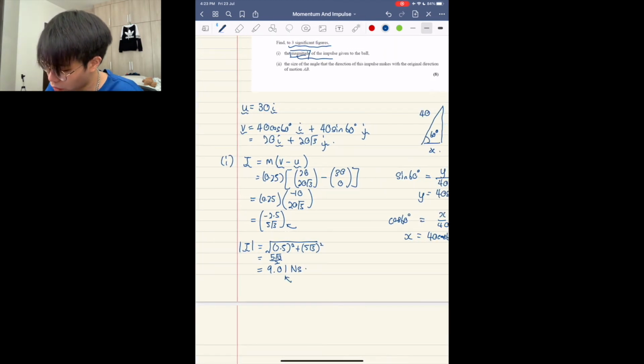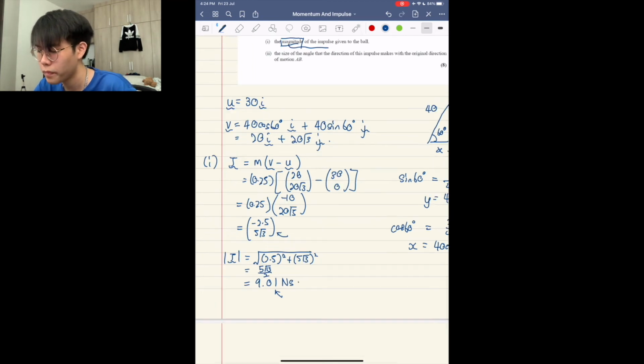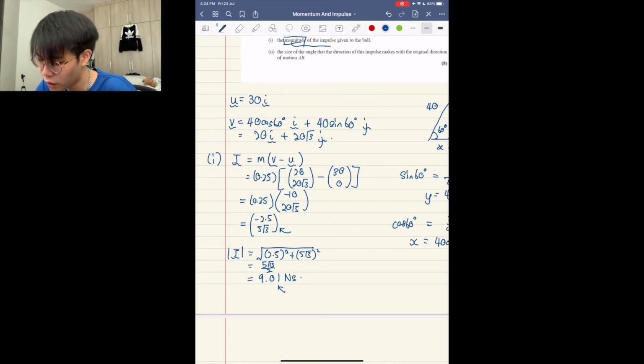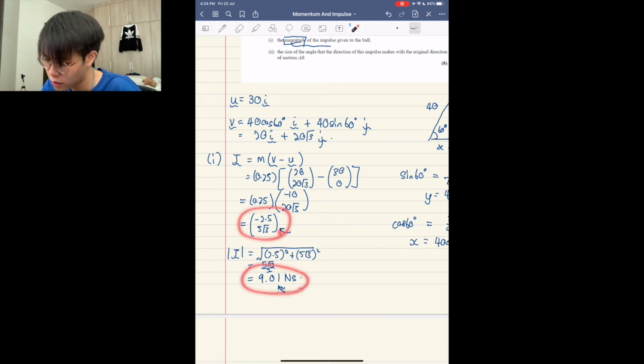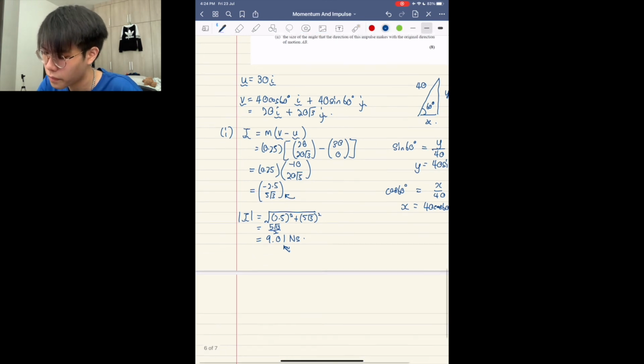So this is the magnitude. So if they need you to find the magnitude, you need to give them a number but not the direction. This is a vector, which has a direction, and this is a magnitude, without the direction.